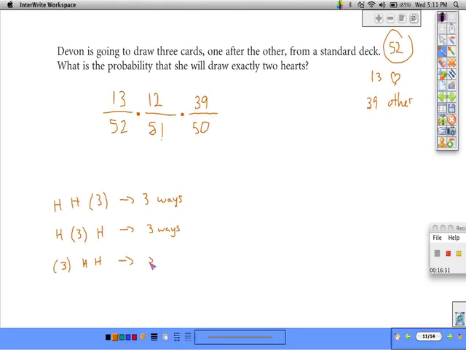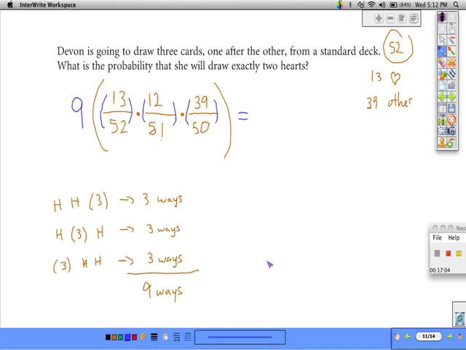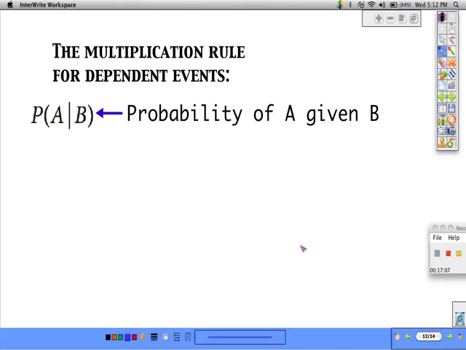That's another 3 ways, for a total of 9 ways to get a heart, and something else. So I have to take this probability, this one branch of the tree that satisfies my conditions, and multiply it by 9 to get the total probability. And if you're plugging it into your calculator, I would really recommend that you do each fraction in parentheses just to avoid any mistakes.